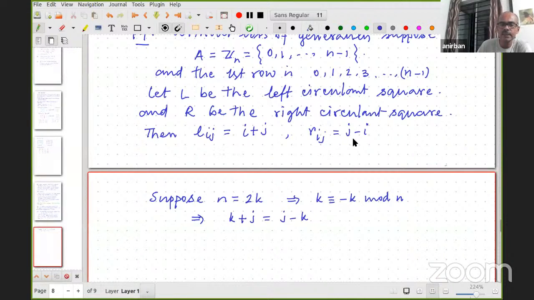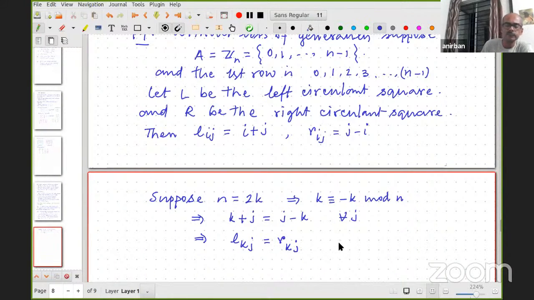If you look at these entries, then l_kj is always equal to r_kj. This is going to happen for all j. Whatever j is, this equality holds.